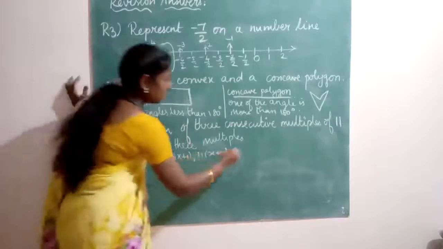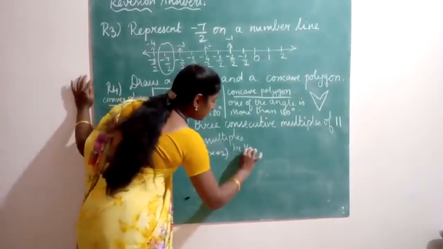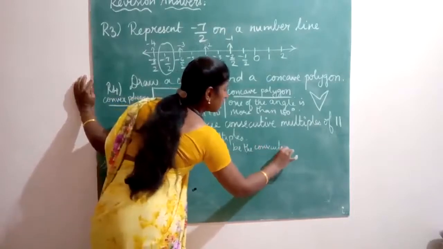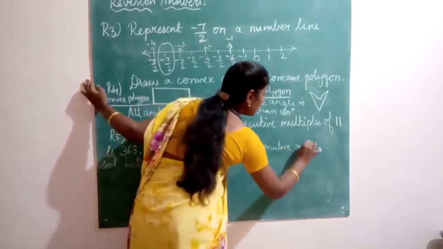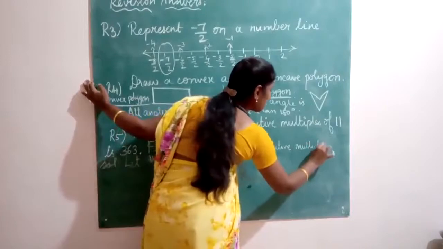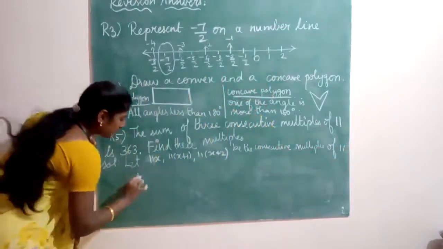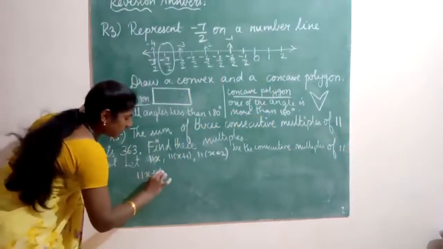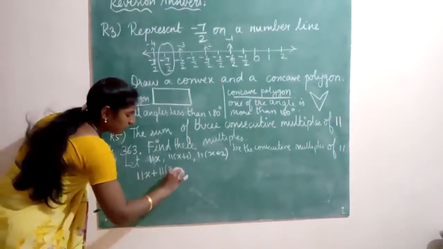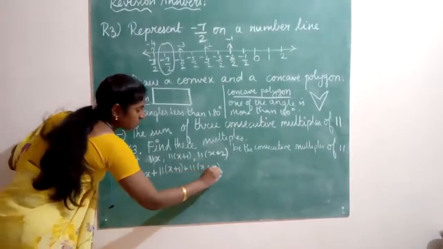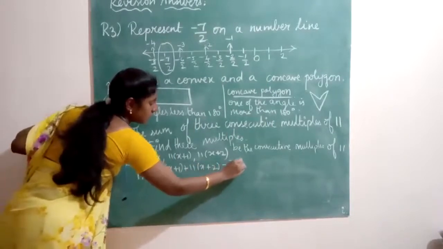Let these be the consecutive multiples of 11. According to the question, 11x plus 11 into x plus 1 plus 11 into x plus 2 is equal to 363.